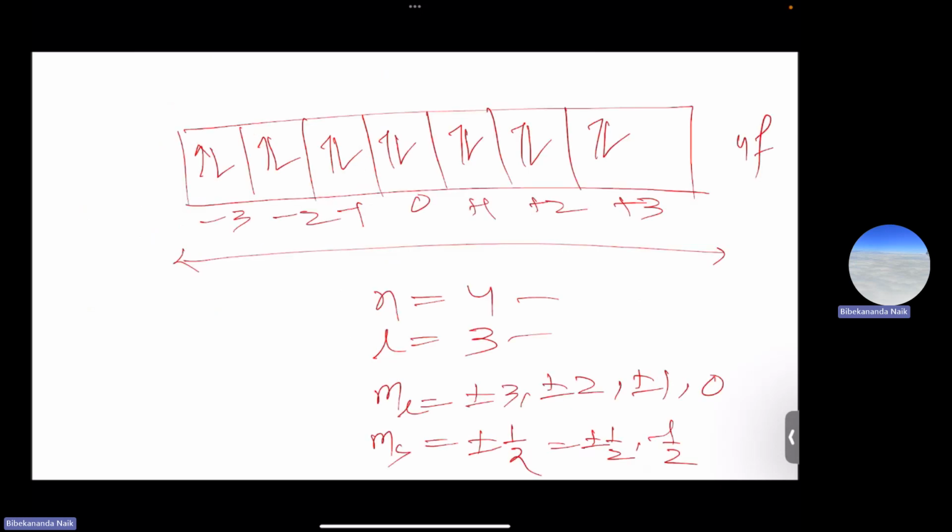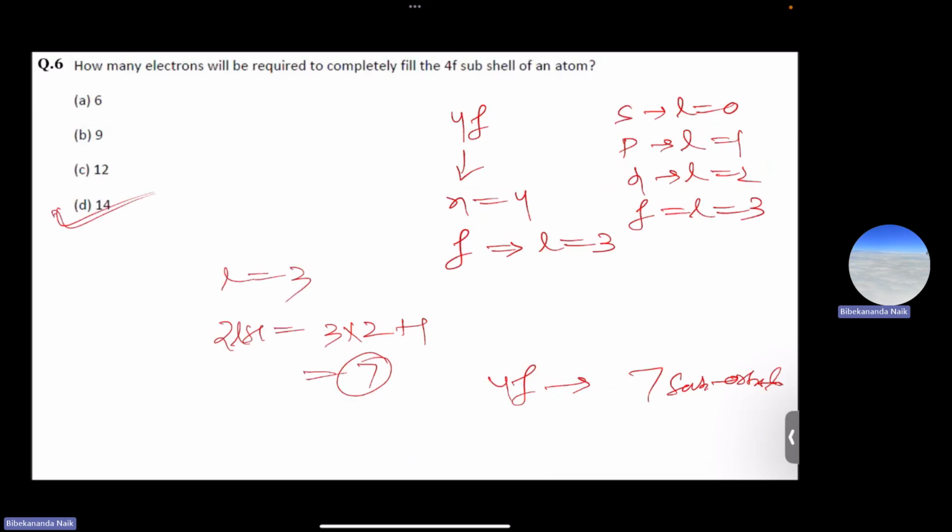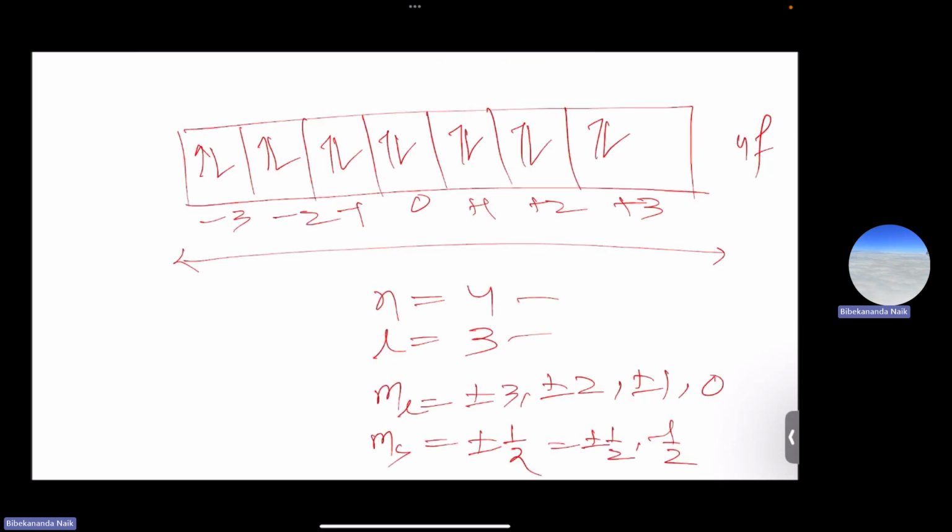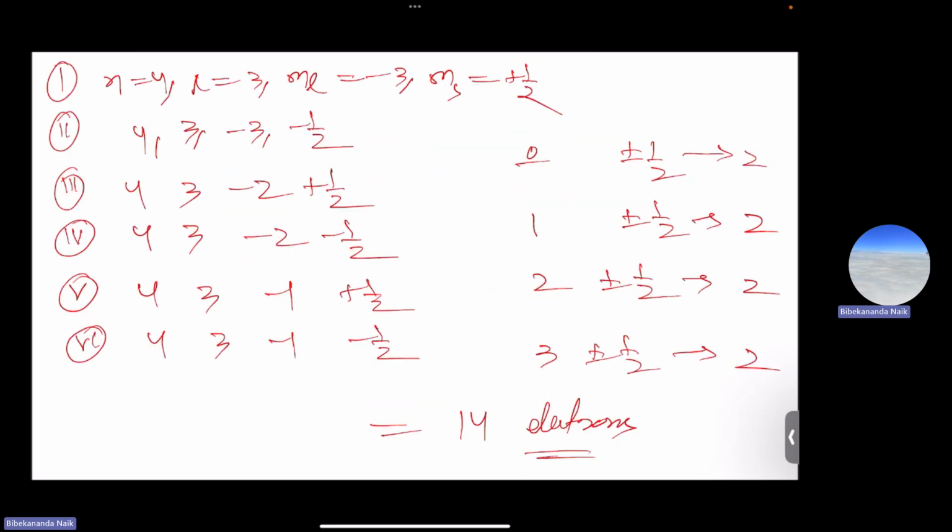So the number of electrons required to completely fill the 4f subshell of an atom is 14. This is the correct option, and these are the possible quantum numbers of the 14 electrons. The quantum numbers n and l are the same for all the 14 electrons, but the values of ml and ms vary.